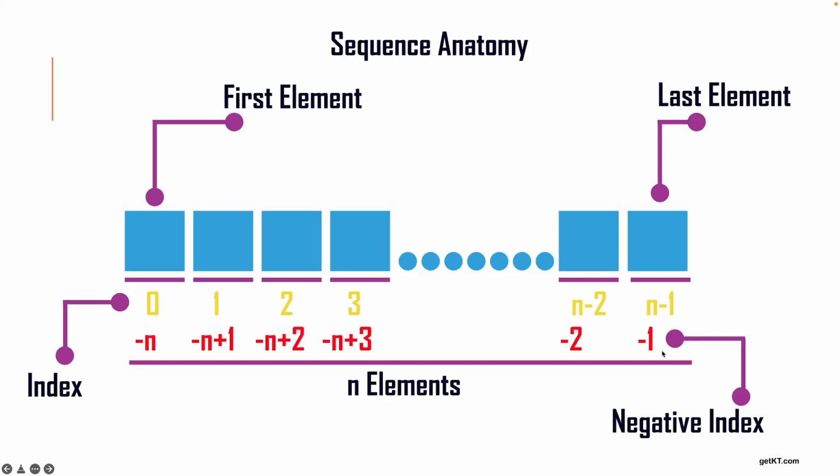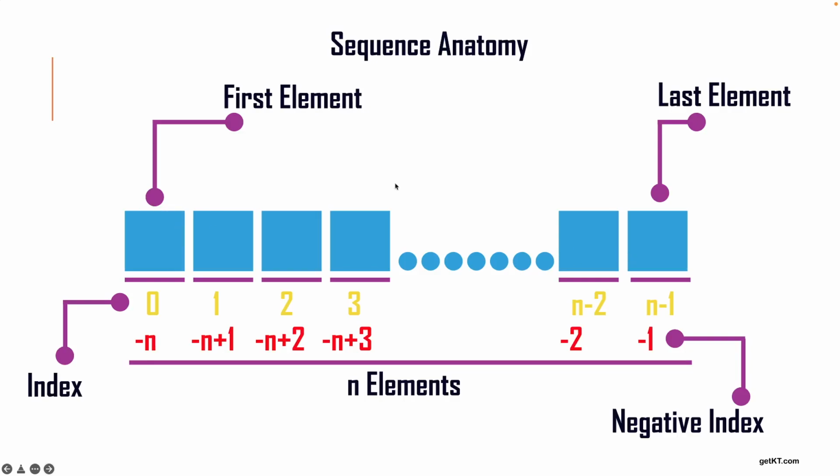So -1 refers to the last element, -2 refers to the second to last element, and -n refers to the first element, counting from the last. Okay, so I hope it is clear.